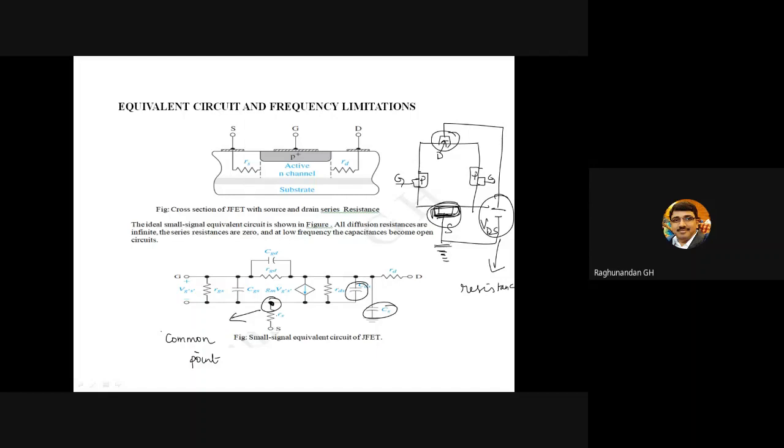Why I have written RS separately here is because finally we are going to ground. So there it offers some resistance internally. This is the internal resistance of the source. So this is how we are going to write the components.